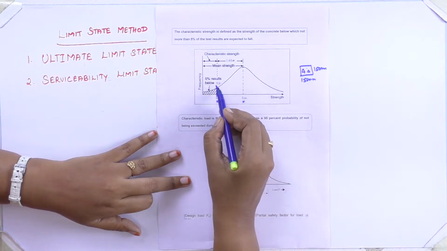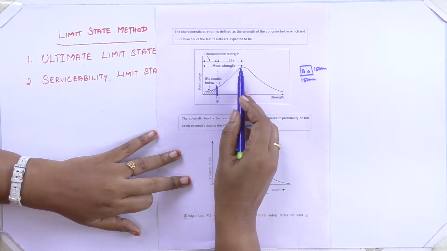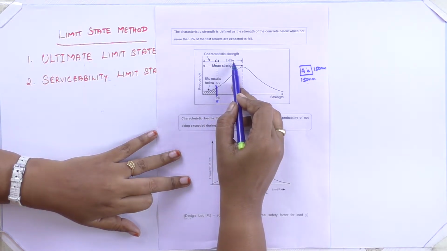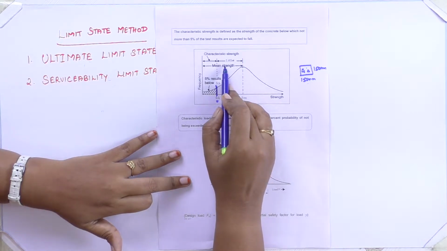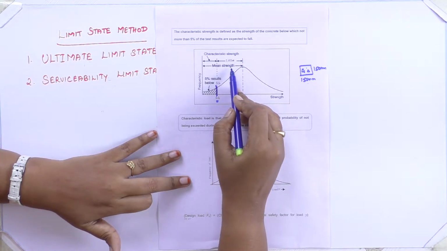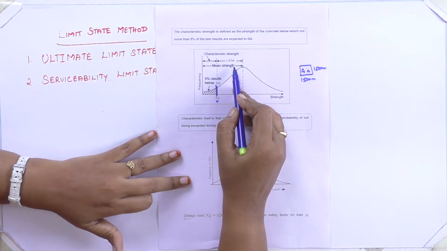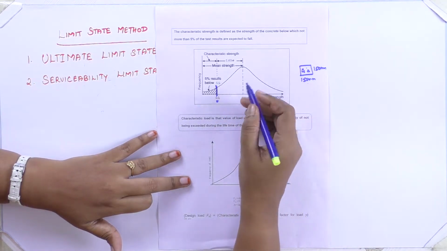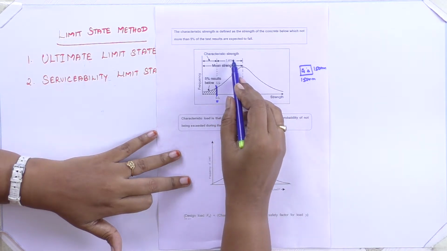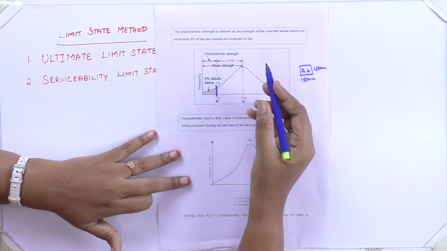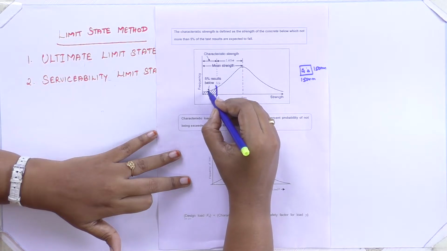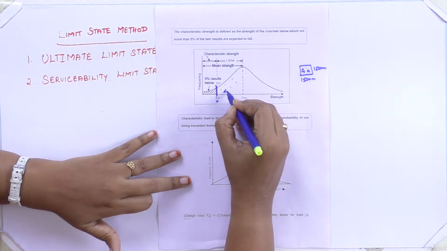So that we can get the mean strength, which is nothing but the characteristic strength plus 1.65 times the standard deviation. When you are checking n number of samples, we have some standard deviation levels. For each and every sample we have some deviation, that's why we are encountering the standard deviation here. 1.65 is nothing but a constant value, because here it is 5%, here it is around 95%.